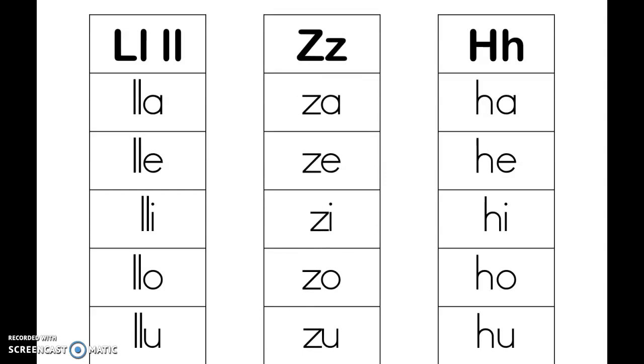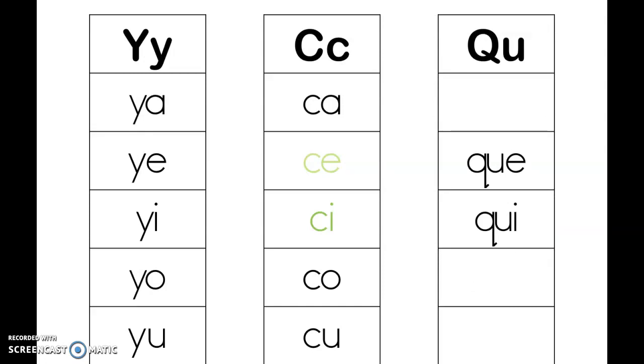Okay, then we move on to letra H, which for the vast majority of the time has no sound, so it sounds like A, E, I, O, U. And letra Y sounds like Ya, Ye, Yi, Yo, Yu.